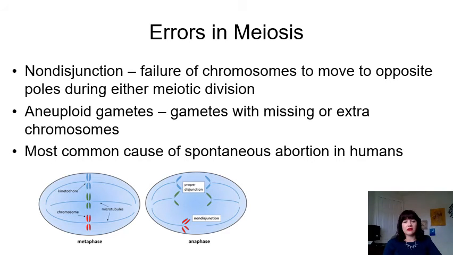This is the cause of most spontaneous abortion, and it's occurring super early on, often. However, there are some situations such as trisomy 21 in which people can live with this and be relatively healthy. But in general, if you have pairs of chromosomes not going where they're supposed to, that's not going to be a good sign for that zygote.